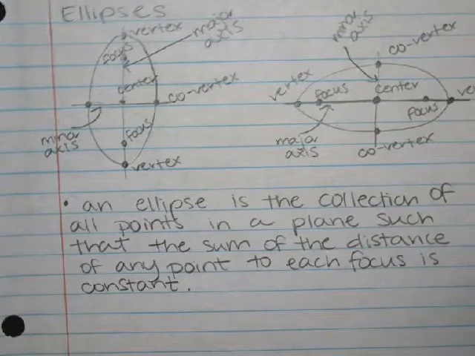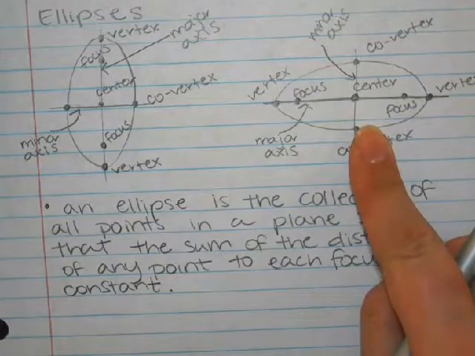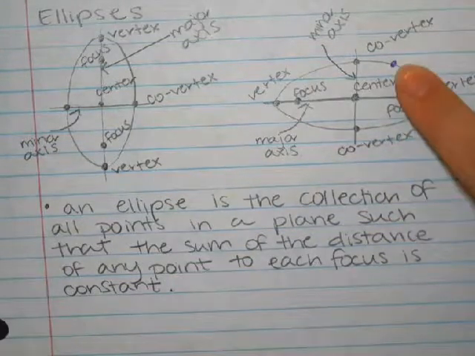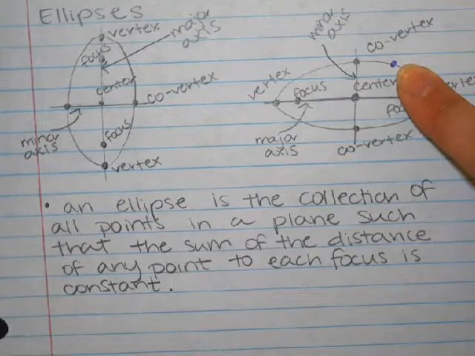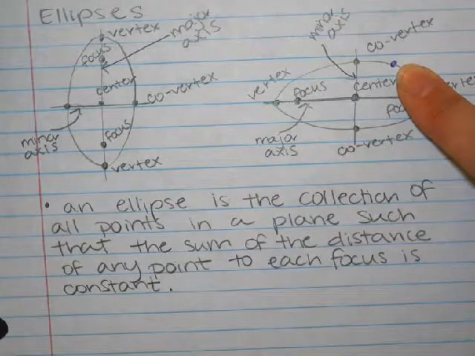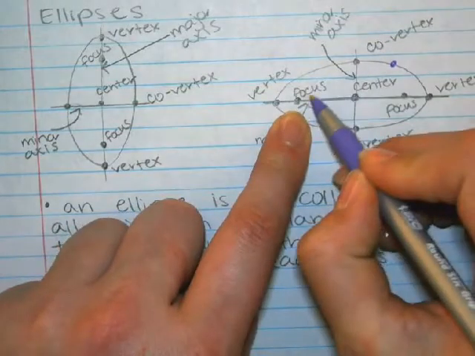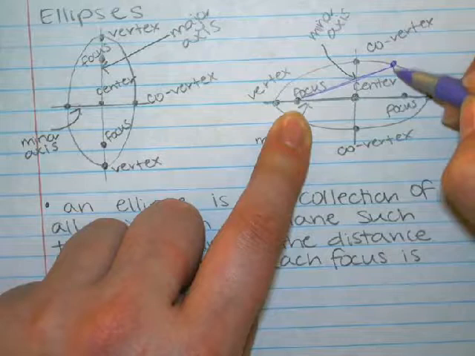What they're talking about here is, and it doesn't matter which of these sketches you draw it on, take your pen or your other color and draw a point anywhere on the curve. It doesn't matter where. So if this is your pen mark, you're going to draw a line from one focus to that mark, and a line from the other focus to that mark.